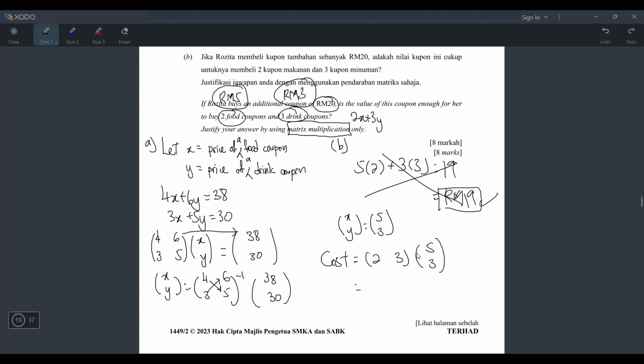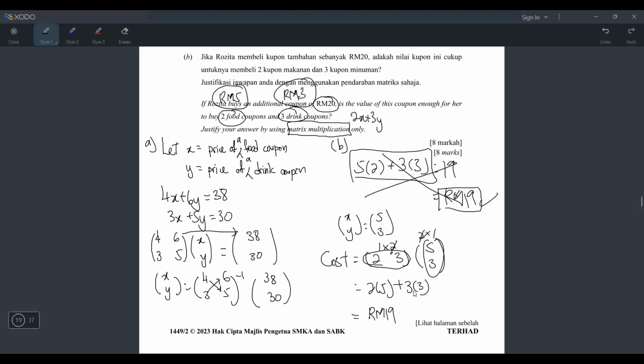When you dot two matrices, if the first matrix is one row, two columns and this is two rows, one column, you can combine all these numbers into one. You take horizontal times vertical, so it will be 2 times 5, and then 3 times 3, and then plus in the middle. Can you see what I write here is exactly the same as this? And you will get 19. Okay, RM19. So I think this is what they want, using matrix multiplication.